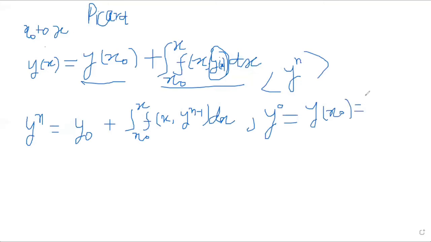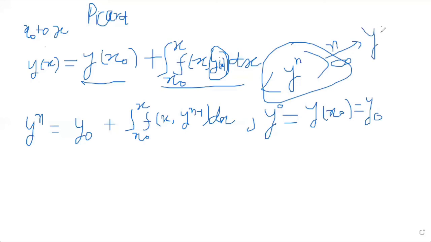So now we have this sequence. Am I right? Yes, sir. Now this sequence is known, and we can easily prove that as n tends to infinity, this sequence converges to y(x), which is the solution of the initial value problem. Am I right?